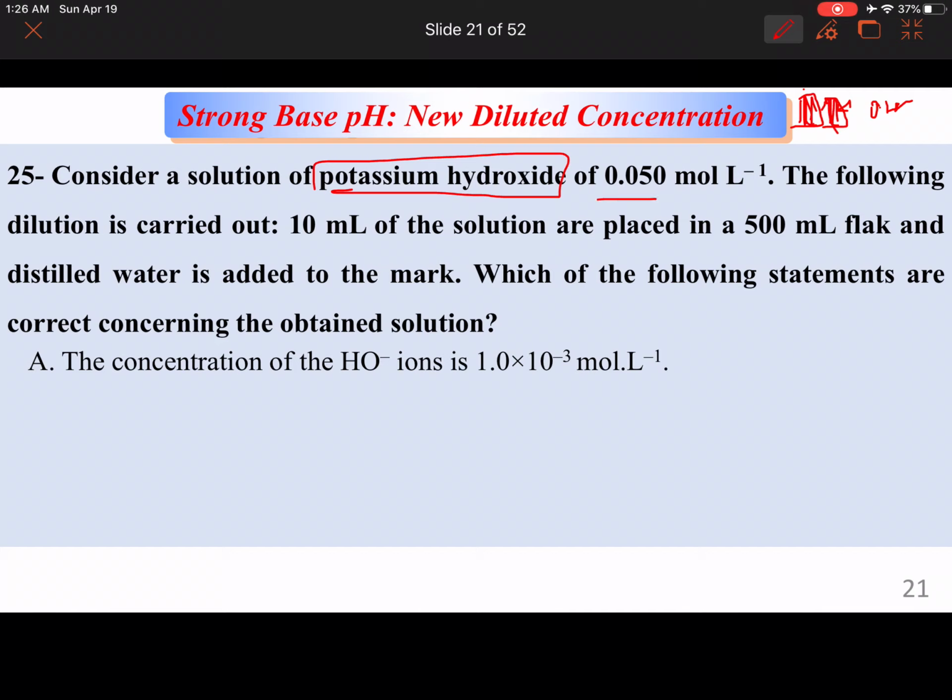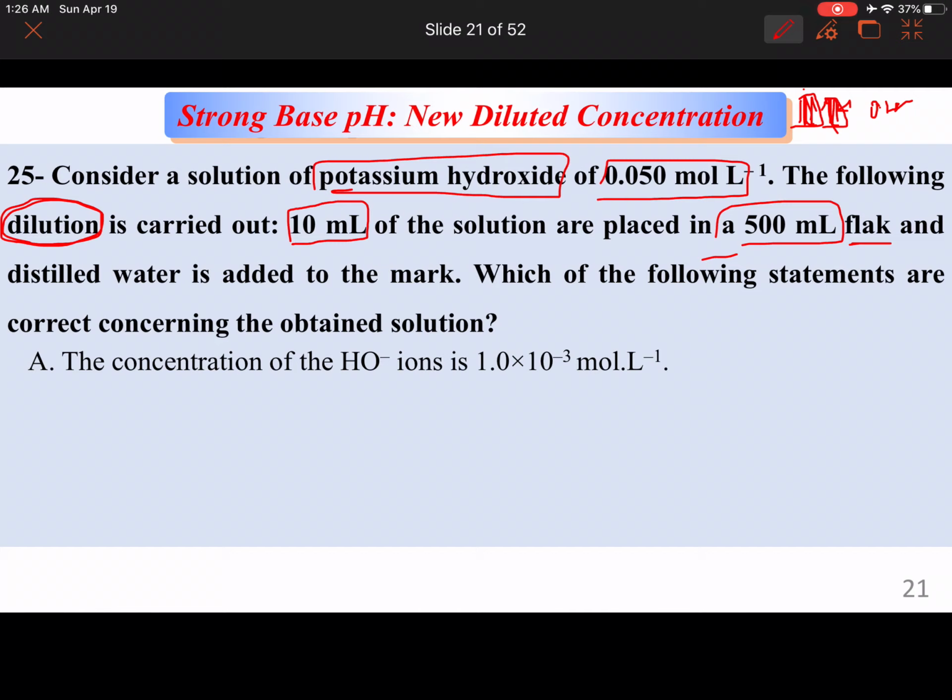Anywho, so the concentration is 0.05 originally, and now they said that the reagent was diluted. How did they do the dilution? They took 10 milliliters and placed it in a 500 milliliter volumetric flask. That's what they mean by volumetric flask. And watch out for this, guys.